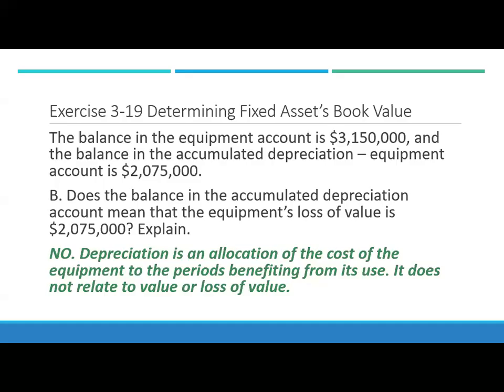It just means that the accumulated depreciation is an allocation of the expense of purchasing the equipment over the period of time in which it's expected to be used. It generally does track the value of the asset. It's correlated to the value of the asset and the fact that it goes down over time. Generally, the useful life of the asset is the amount of time in which you could sell it for something, but it's not exactly the fair value of the asset, and the depreciation doesn't exactly track the loss of value of the asset.